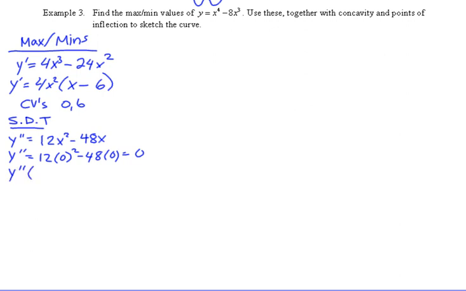Try 6 now. I might need my calculator for that guy. Positive or negative? Well, it could be either or. Positive, so therefore it is a local min at 6, comma, now we have to go back to the original and plug in 6.